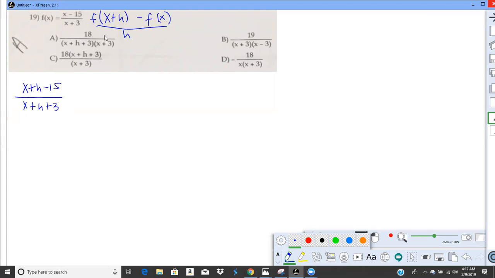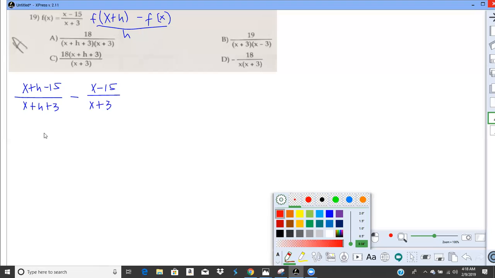This is your f of x plus h, minus f of x, you just copy that: x minus 15 over x plus 3, all of these divided by h.